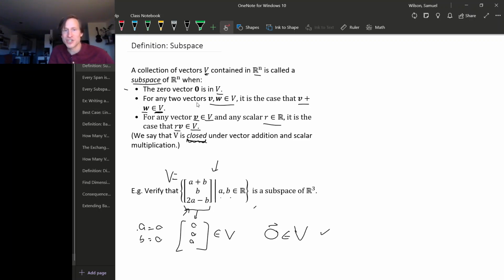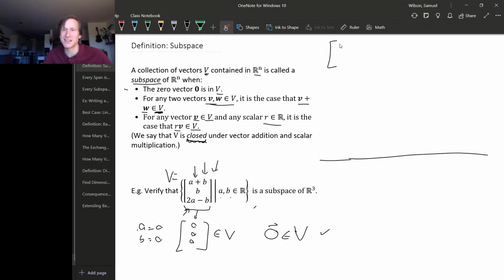Next, let's check that if we take two vectors from capital V and add them, we get another vector in capital V. Let's do that up here. Let's choose two vectors from this collection. Every vector in this collection looks like it came from this formula.